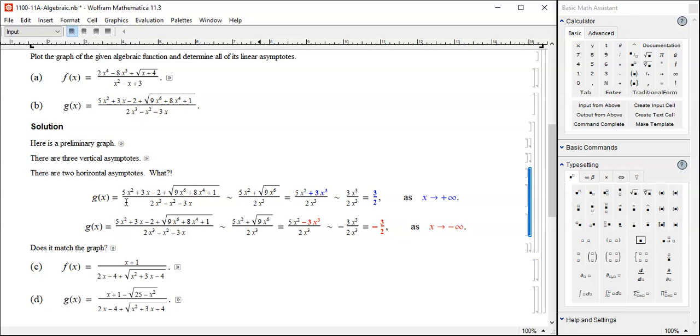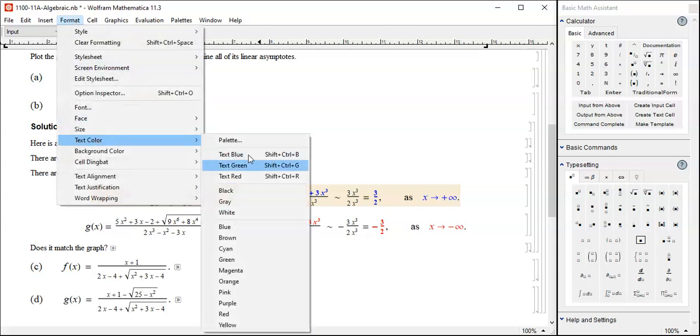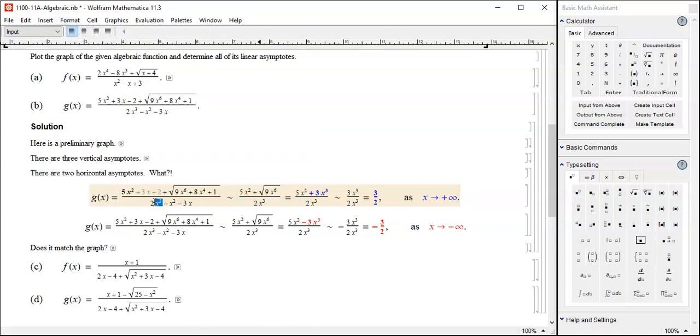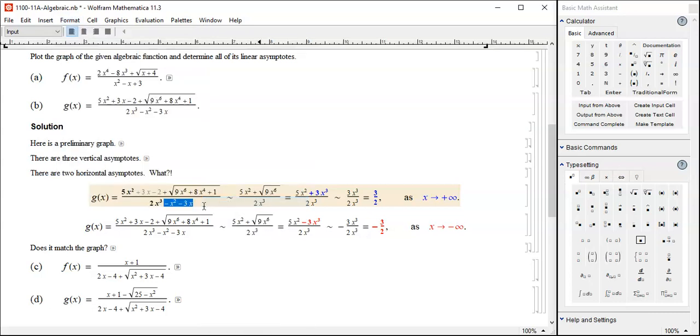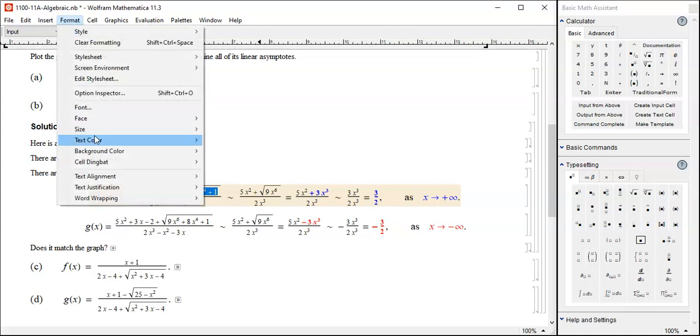Alright, let's do asymptotic estimation, which means we'll take the highest degree term, and the others are not that important, so de-emphasize them in gray. And then how about inside the square root? 6th power is the highest, and then the others are not very important.